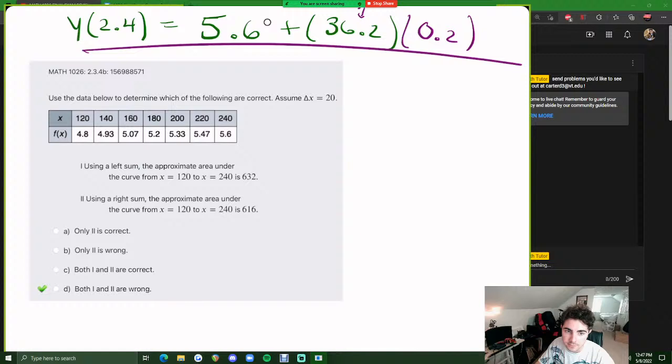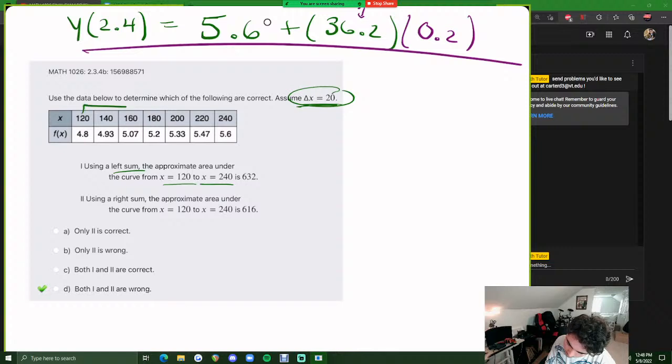All right, back to basics here. Starting with this table of x and f values, so basically x and y values, assuming that the step size, basically the width of each rectangle, is 20. They tell us to use a left sum to approximate area under the curve from 120 to 240.